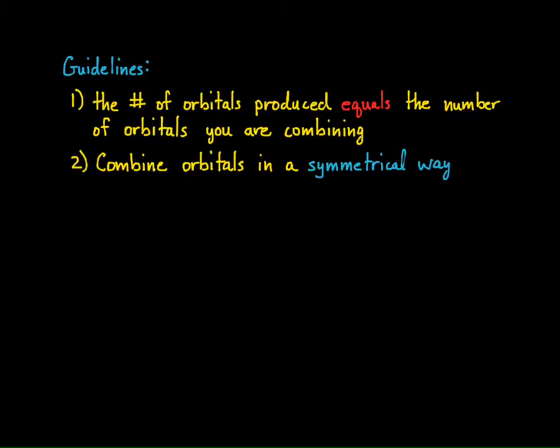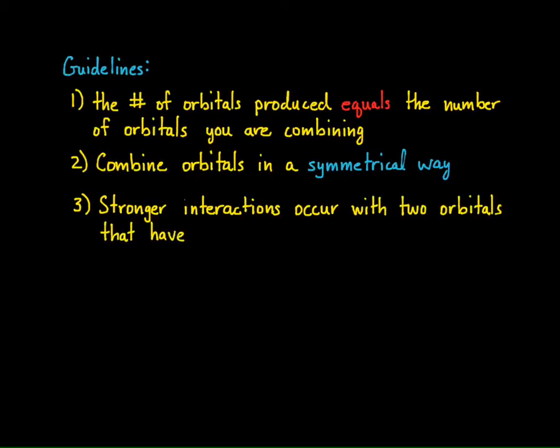Also, understand that orbitals that aren't shaped the same have weaker interactions. So two s orbitals, strong interaction. An s and a p orbital, not so strong interaction. Two p orbitals, strong interaction, right? And so you'll get the feel of this as we go along. The third guideline is that stronger interactions, and I kind of already said this, occur with two orbitals that have similar energy and size.